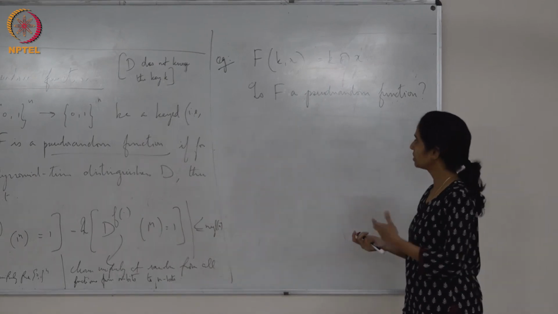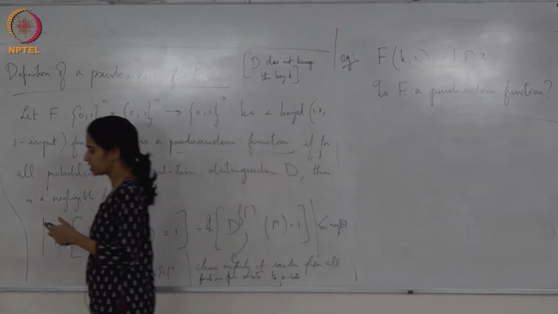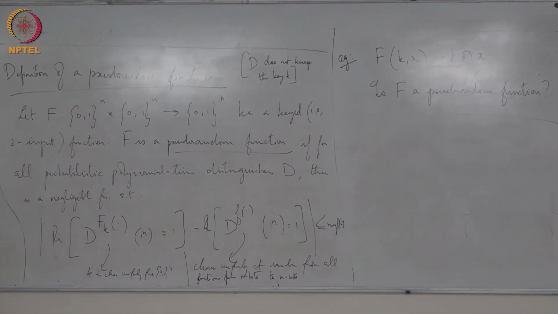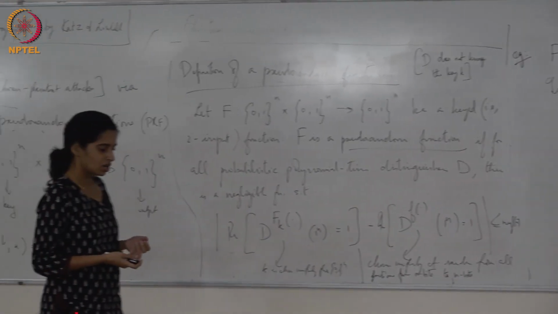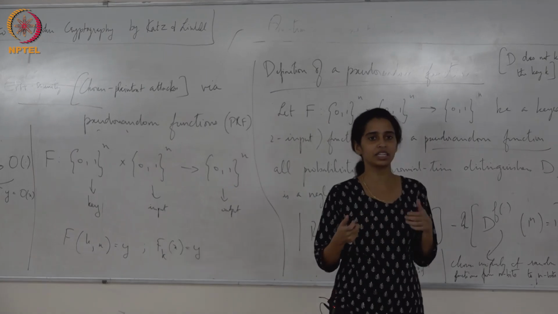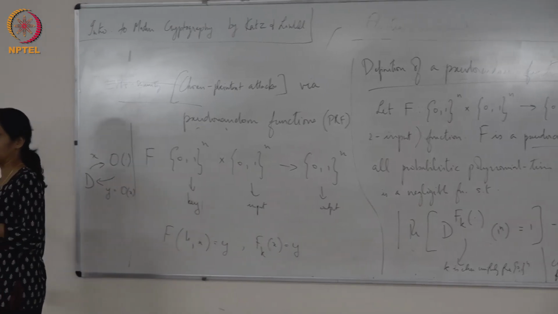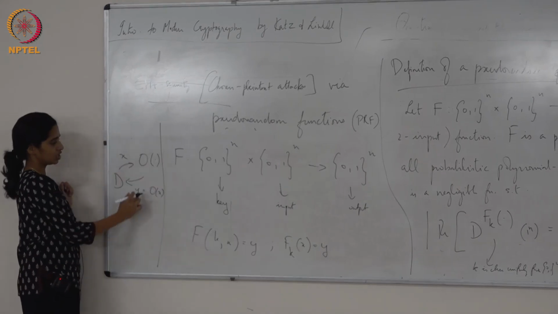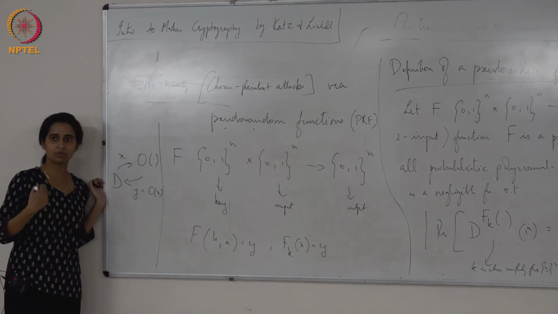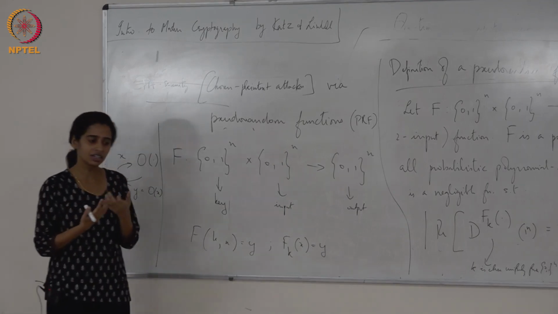For instance, if you were to make 2 queries, say x1 and x2, and you receive answers y1 and y2, you would not expect there to be any relation between x1, x2 and y1, y2 if these were truly random. Because in a truly random function, this y would be chosen uniformly at random from the set of all n-bit strings. So you will not expect any sort of relationship.